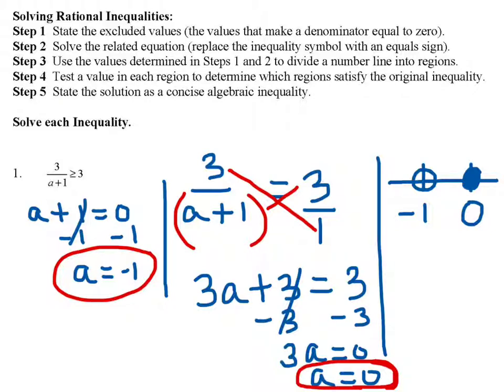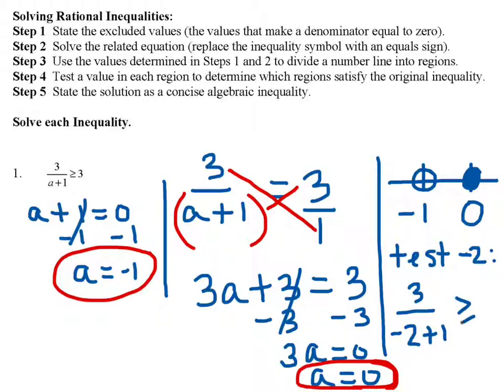So I'm going to test negative 2, which lies to the left of negative 1 on my number line. So this is what I'm testing right here. Negative 2 gets me a value of 3 over negative 2 plus 1 on the left side.